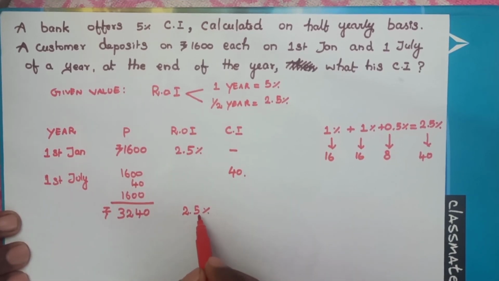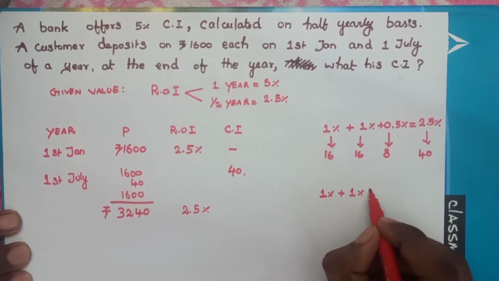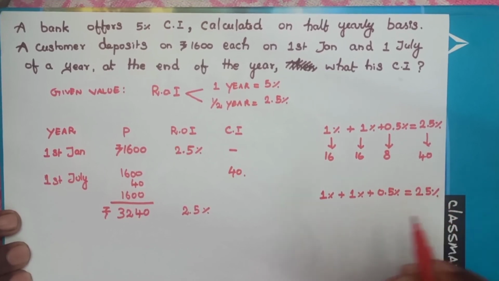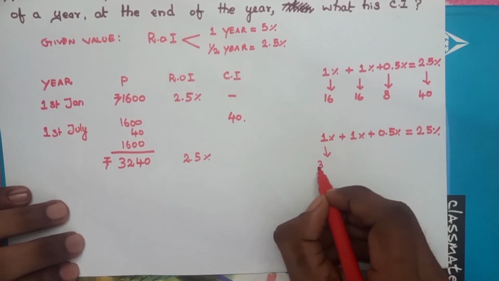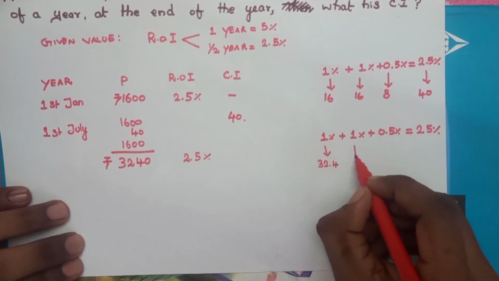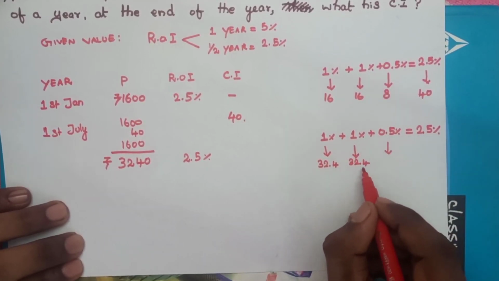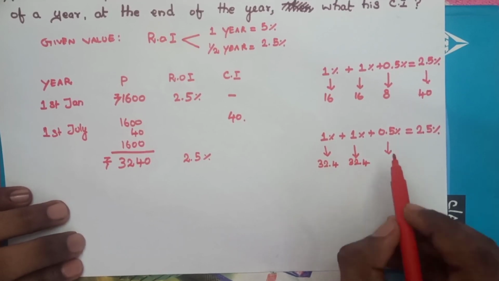Okay. If you want to calculate the another 6 months compound interest calculation, the another half yearly calculation, and again 2.5% of 3,240, just put the point, you will get 1%, that is 32.4, right? Here 1% plus 1% plus 0.5% equal to 2.5%, right? Here your 1% is 32.4, again 32.4. So 32.4 divided by 2, that is 16.2.